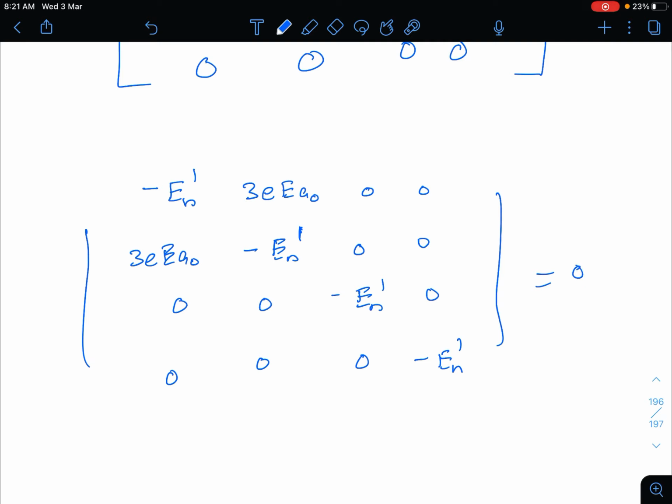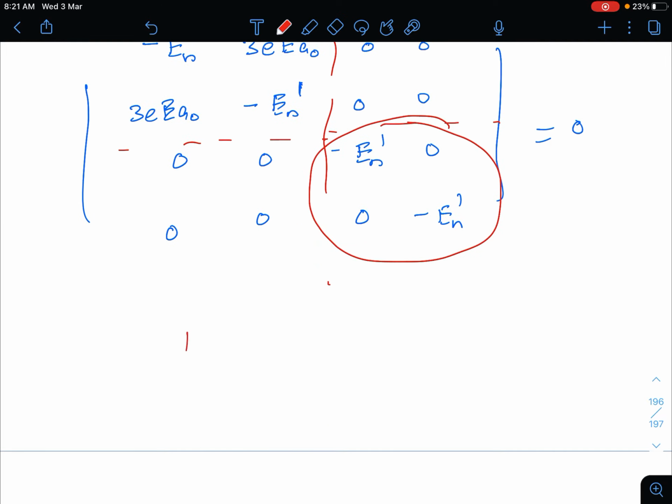You don't have to calculate everything, because you can consider this matrix to be in two parts. If you check the lower part, this would imply that E_n^(1) squared is equal to 0, or E_n^(1) is equal to 0 or 0. That's one simple possibility.